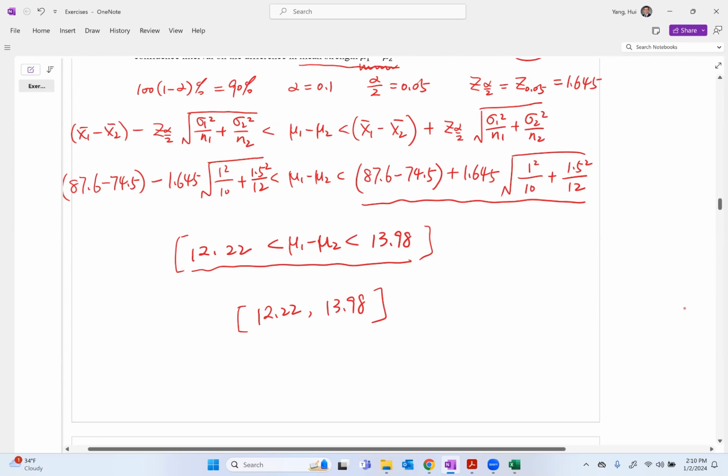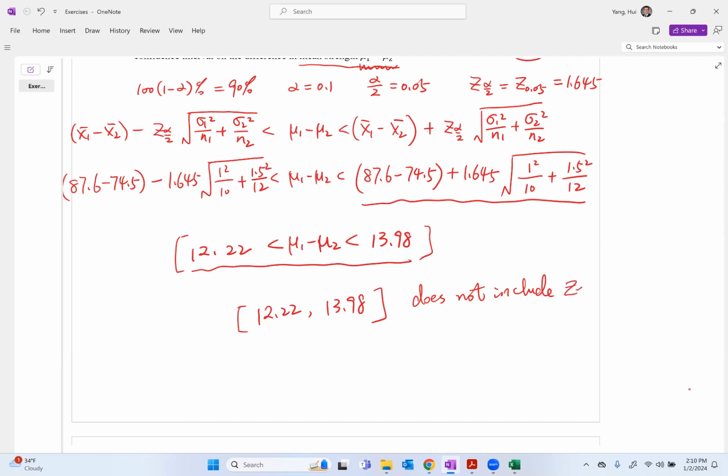That's the conclusion, because this interval does not include 0, at the significance level of 90%.